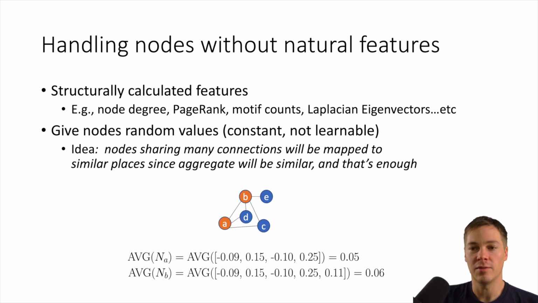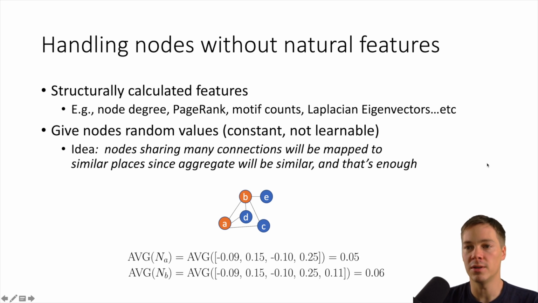That's enough, because if the inputs to the aggregation are the same or close to the same, then the output of that aggregation will be close to the same, which essentially is another way of saying that if they share a lot of the same neighbors, they're going to have nearby embeddings, and that might be enough for your problem.